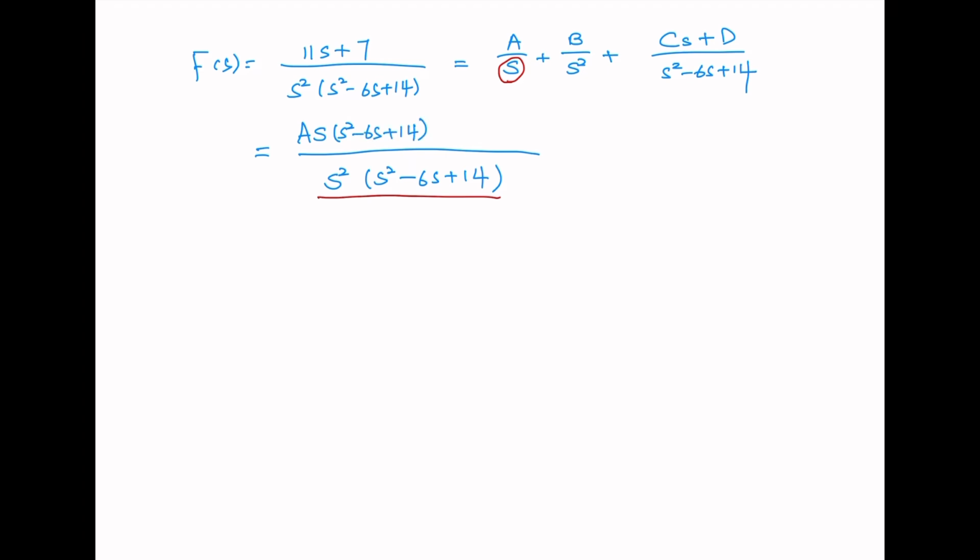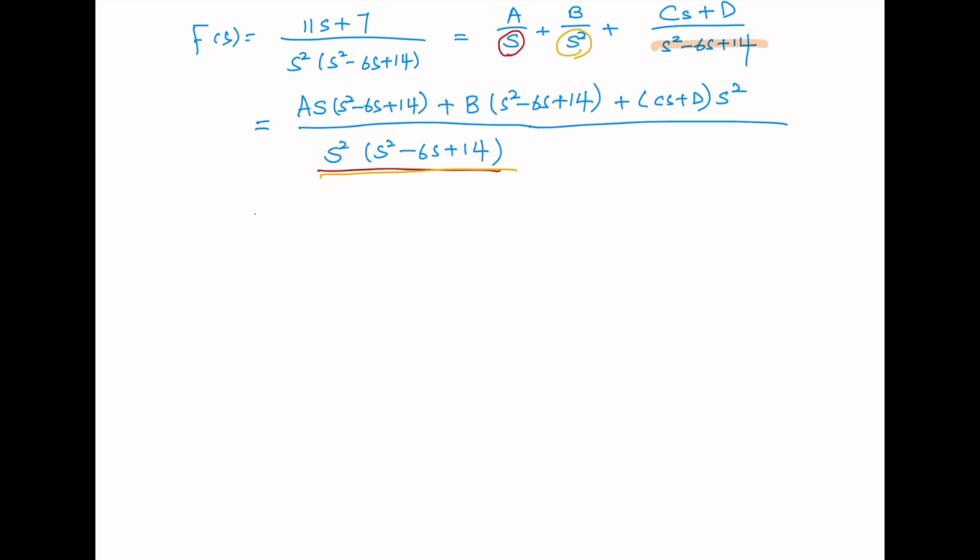We don't want to multiply A times s squared because I already have s in the denominator. We need to divide s from the common denominator. That's what I'm missing for the term A. For B, what is missing is just s squared minus 6s plus 14. And then Cs plus D, I have s squared minus 6s plus 14, I'm missing just s squared.